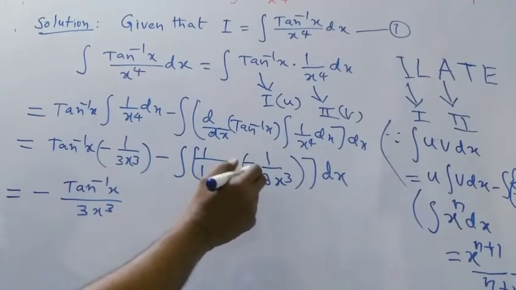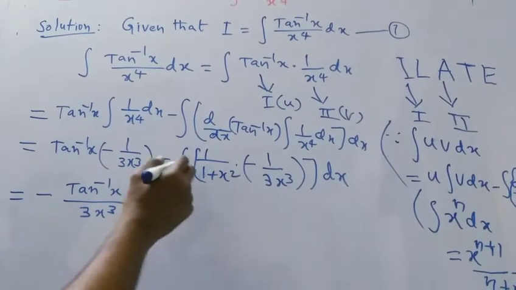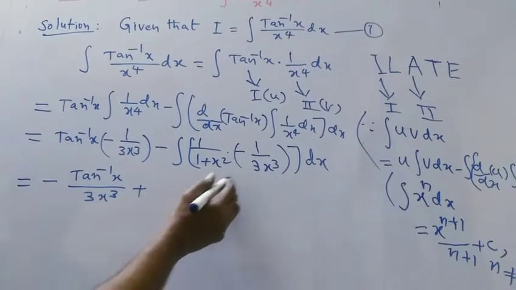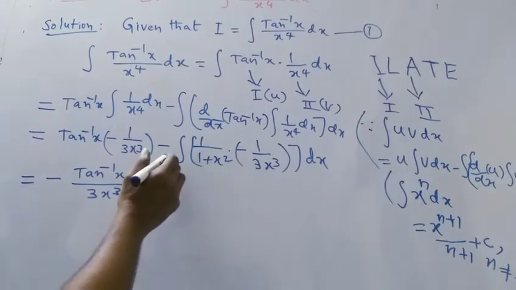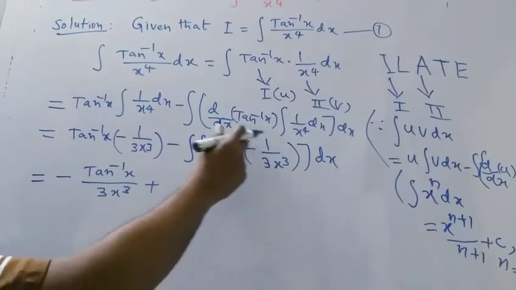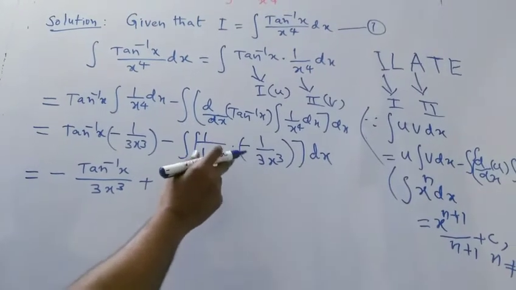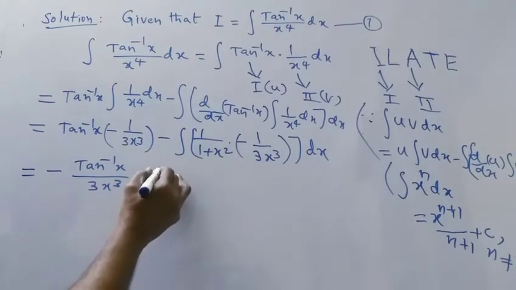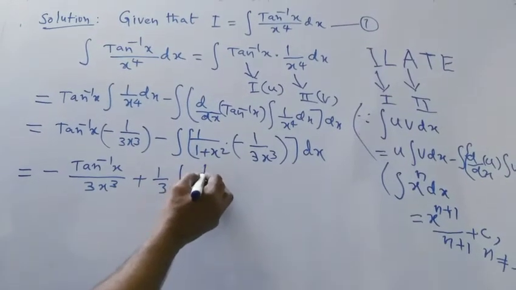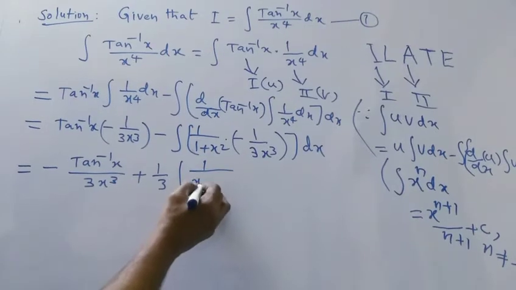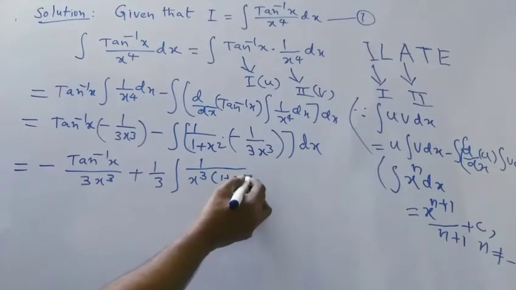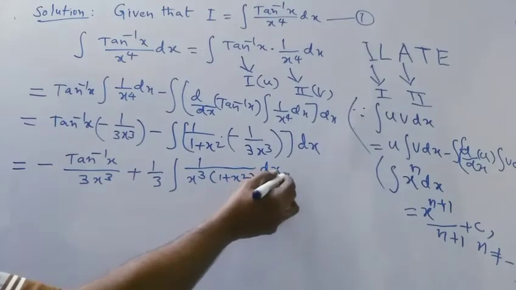Minus of minus 1 by 3x cube, minus into minus is plus. 1 by 3 is common for these two terms, so with multiplication it becomes only one term, that is plus 1 by 3 integral of 1 by x cube of 1 plus x square dx.